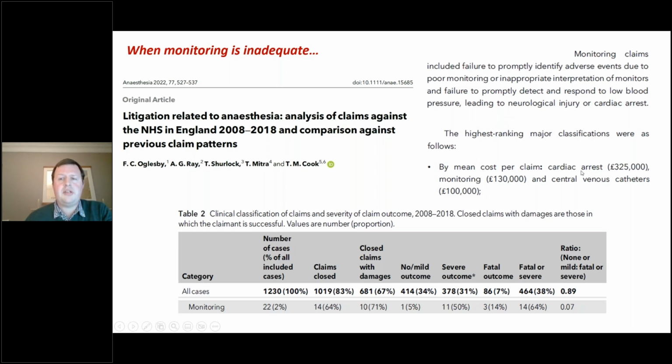The mean cost was second only to cardiac arrest, at 130,000. And when you look at the ratio of low to high impact, a lot of these claims for monitoring deficiencies had severe or fatal outcomes. So potentially when we're not monitoring our patients adequately, there are serious implications for our patients.